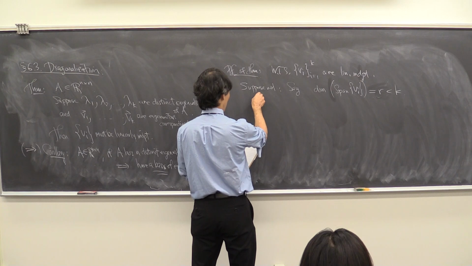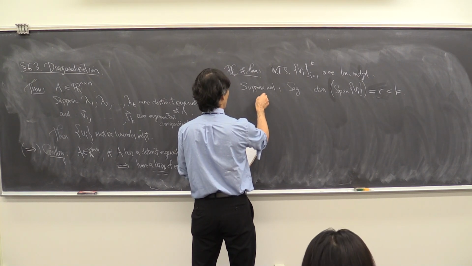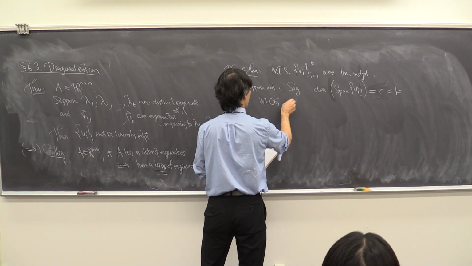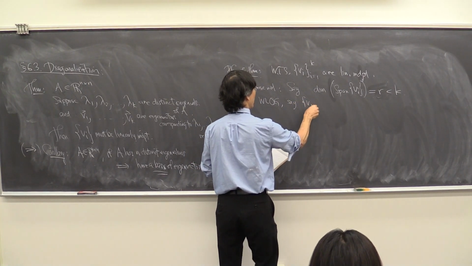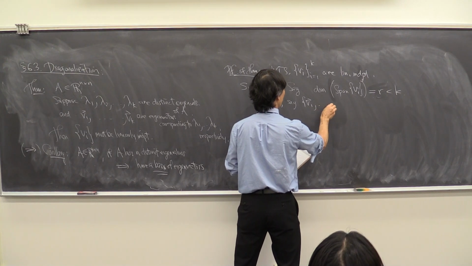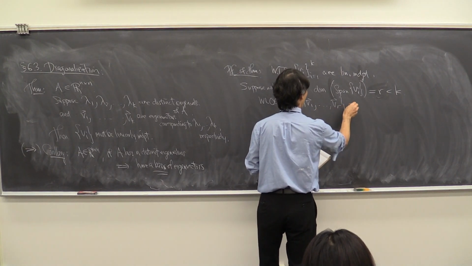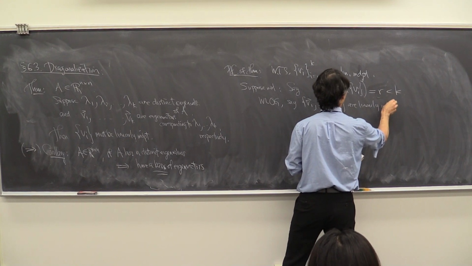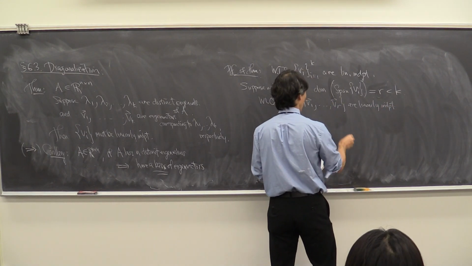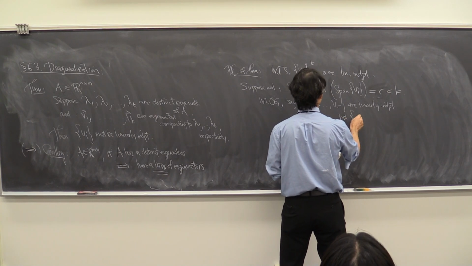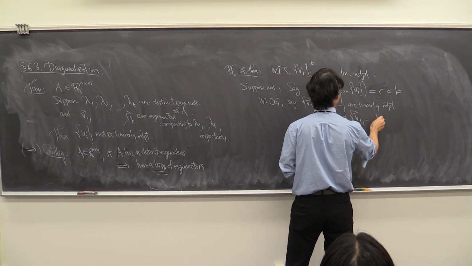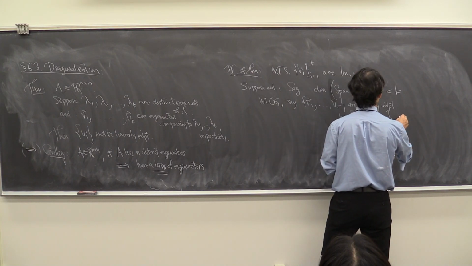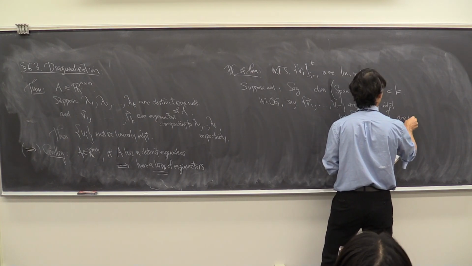Okay. So without loss of generality, let's say that v1 to vr are linearly independent. But if we throw in one more guy, if we go up to r plus 1, then these guys are dependent.